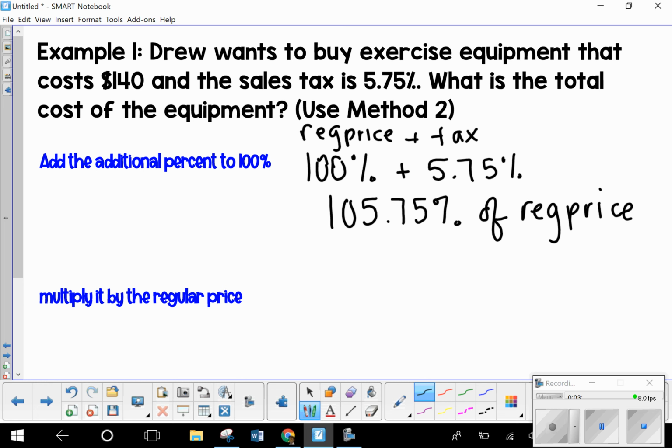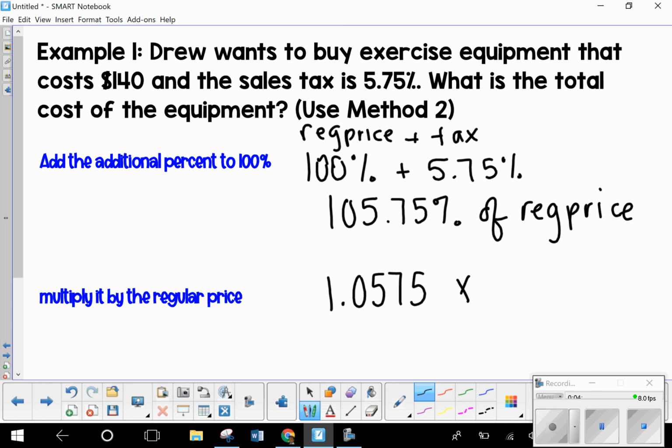So now that we know that we're paying 105.75% of the regular price, we would multiply it times the regular price. Now, remember, this is a percent and it needs to get turned into a decimal. So we're going to take 105.75, divide it by 100, and we should get 1.0575.